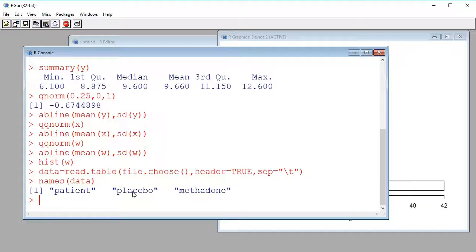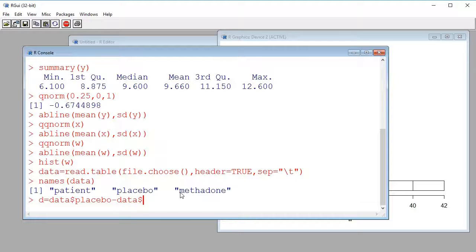And so for each patient, I'm going to compute the difference of the 2 scores. So I'm going to create a vector called d, and it's going to take the pain score under the placebo. So I take my data frame, $, and then the name of my column: data$placebo. This is, for each patient, the pain score under the placebo.